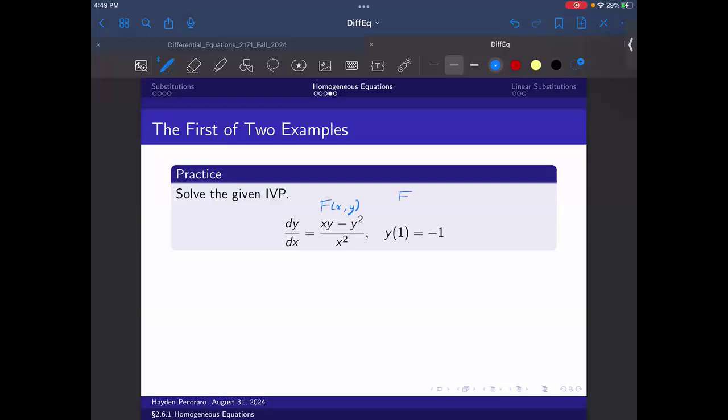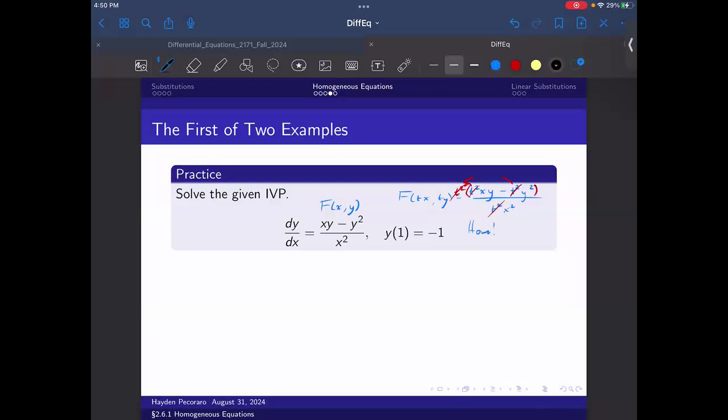If we look at f of tx, ty, we get, what do we get? t squared xy minus t squared y squared over t squared x squared. Does that cancel out? Yeah, because I can factor out t squared here, and then it cancels with the 1 on the bottom. So yes, this is homogeneous.